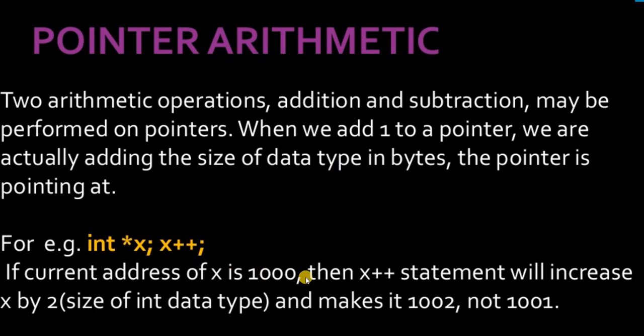So for example, अगर address 1000 है, then x plus plus will increase by the size of the int data type, because एक integer data type 2 bytes का होता है, तो by adding plus plus it's going to add another 2 bytes, because this is an arithmetic operation on address. यहाँ पे address पे हो रहा है because ये pointer है and it doesn't have an asterisk.